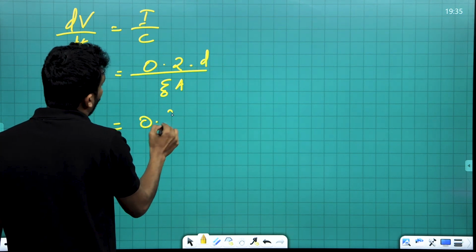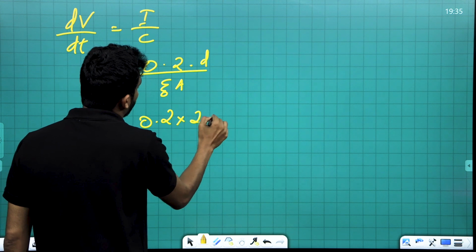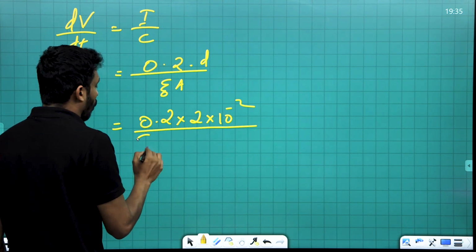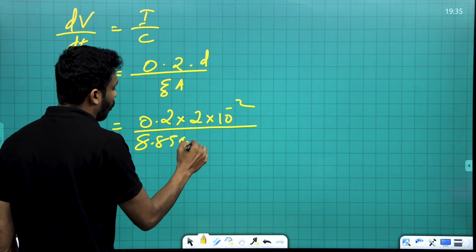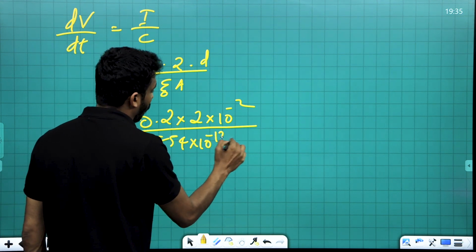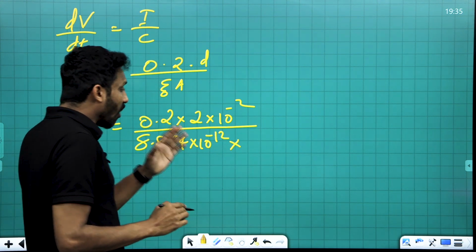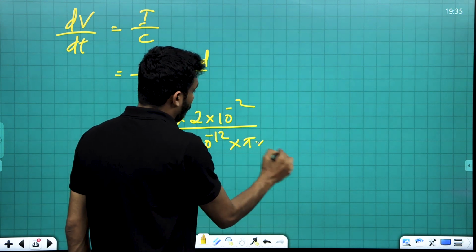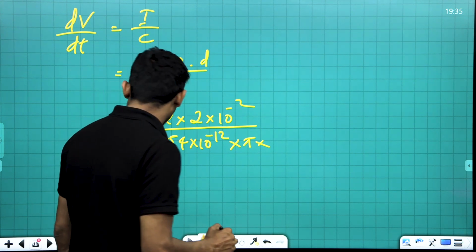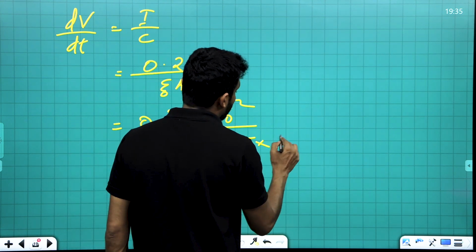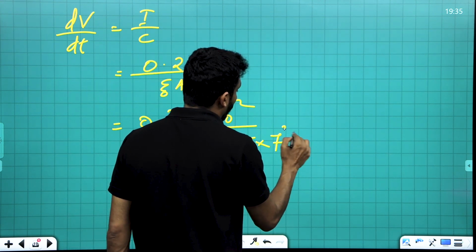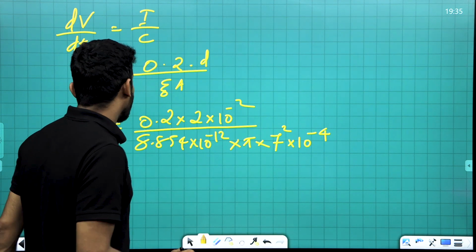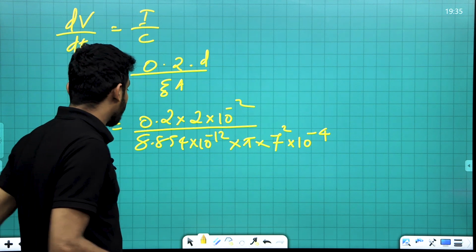0.2 into separation, which is 2 centimeter, divided by epsilon naught, which is 8.854 into 10 power minus 12. Area of the plate is pi r square. Pi into radius 7 centimeter, 7 square into 10 power minus 4, that is centimeter square into meter square.